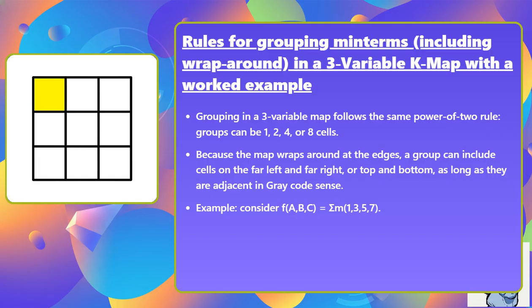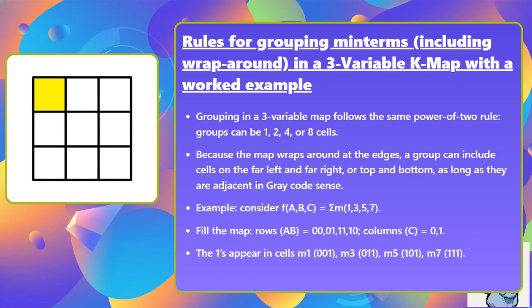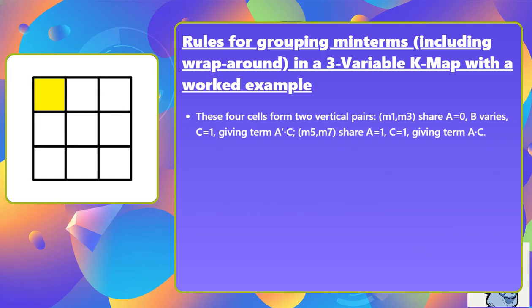Example: consider f(a,b,c) equals sigma m of 1, 3, 5, 7. Fill the map: rows AB equals 00, 01, 11, 10. Column C equals 0, 1. The ones appear in cells M1 (001), M3 (011), M5 (101), M7 (111). These four cells form two vertical pairs.